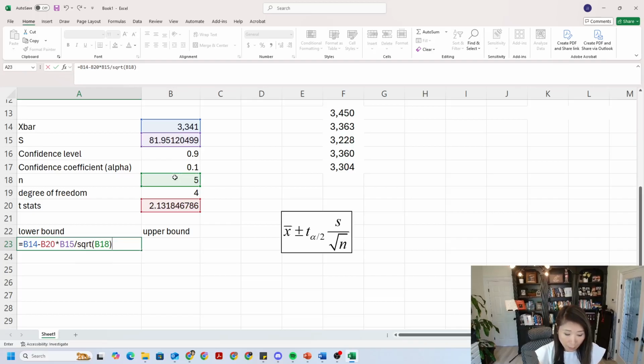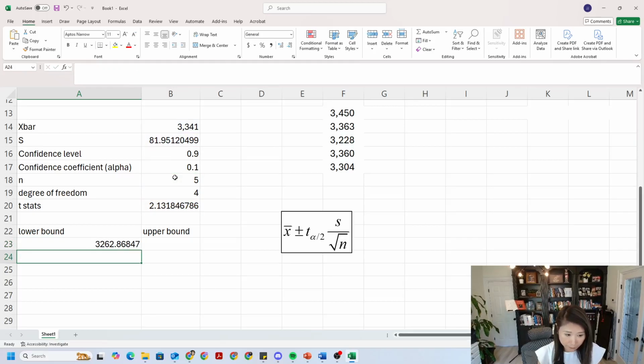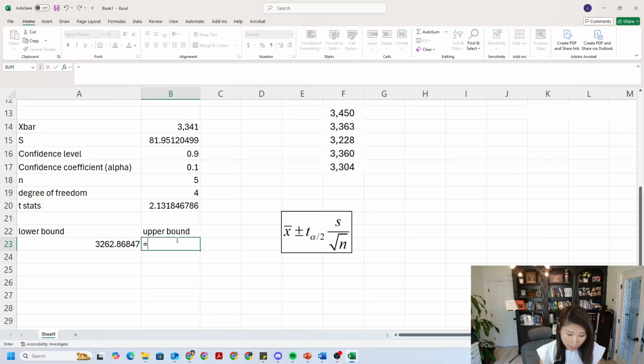That gives me the lower bound, 3,262 steps. My upper bound is equal to the X bar plus t stats times standard deviation divided by SQRT of n. Close the parentheses and push enter.